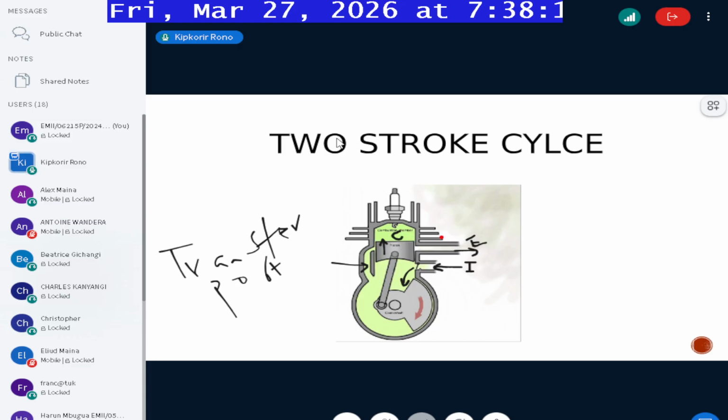So you also have compression as a process, not as a stroke. In the movement of the piston upwards, that's one stroke. Two things will happen. There will be an oncoming rush of air and fuel, and there's also the compression process occurring at the same time.